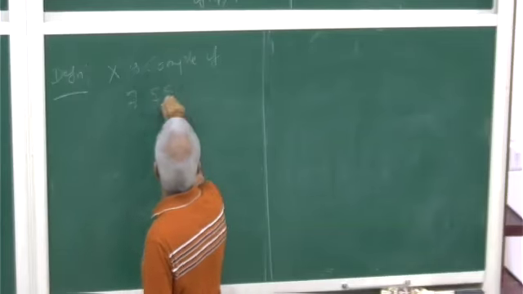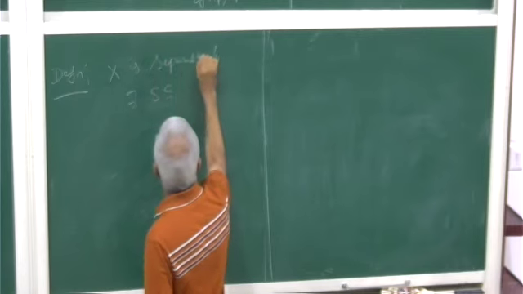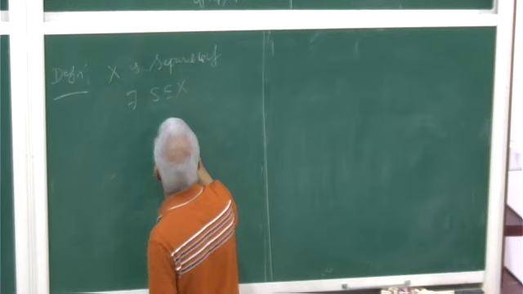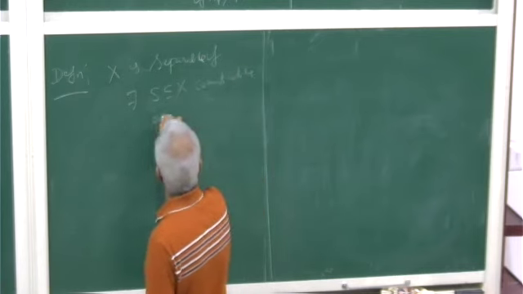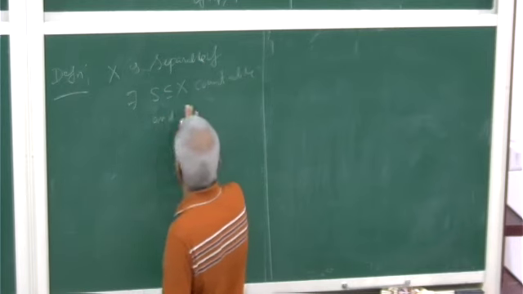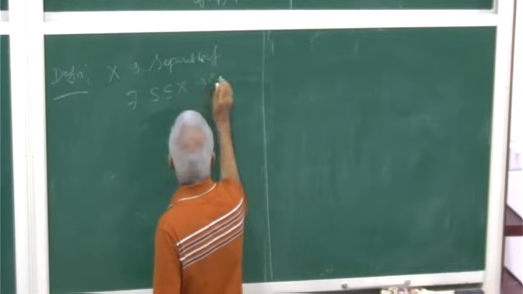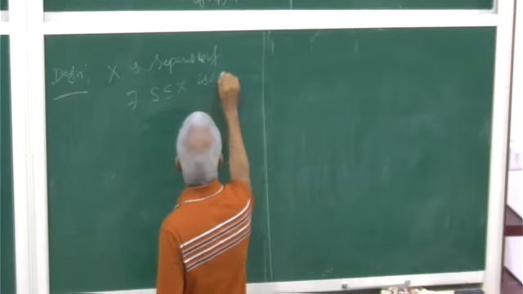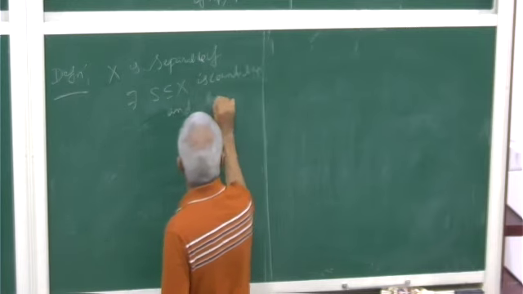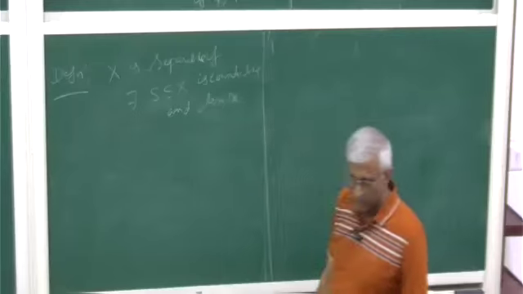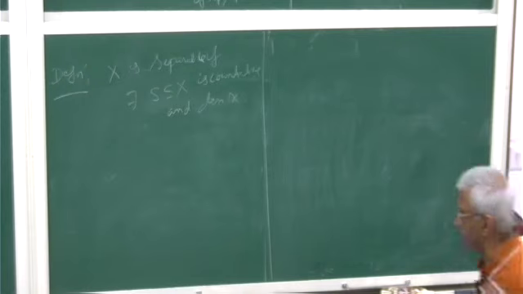That is, there exists S contained in X which is countable and dense. Okay? If it admits a countable dense subset, that is what separability is.